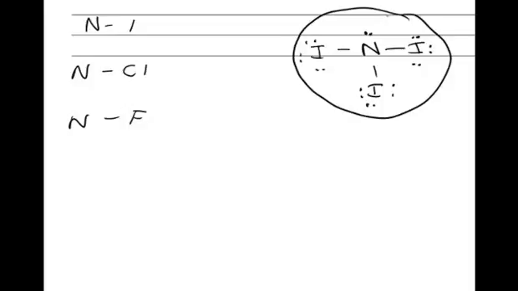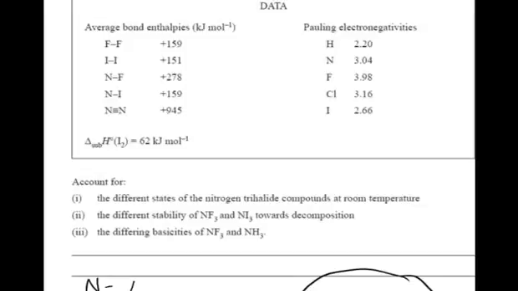That's essentially true for the other two, but of course when we consider nitrogen and chlorine, for example, these are so close in terms of electronegativity that they wouldn't create much of a significant dipole anyway. So let's look at that information now.